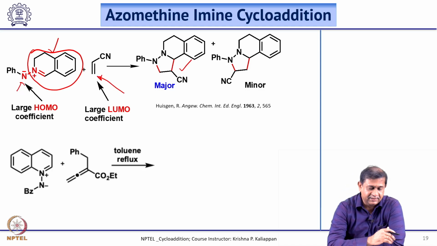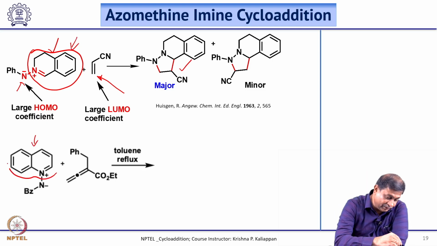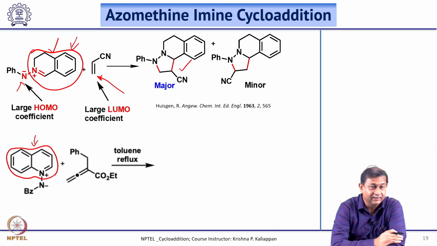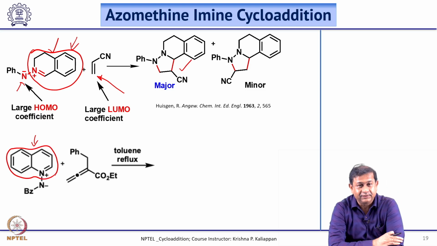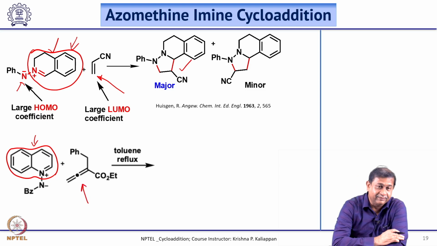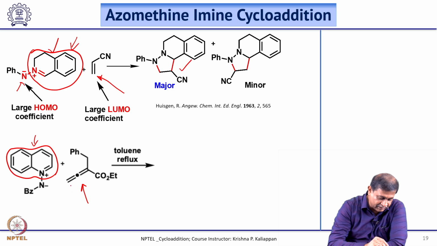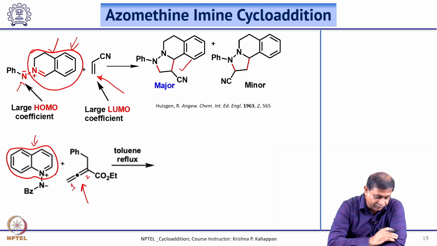This is a dihydroisoquinoline, but here, if you see, this is the quinoline unit, and then you have the corresponding azomethine imine. Now you have an allene. So there are two double bonds, one and then two.